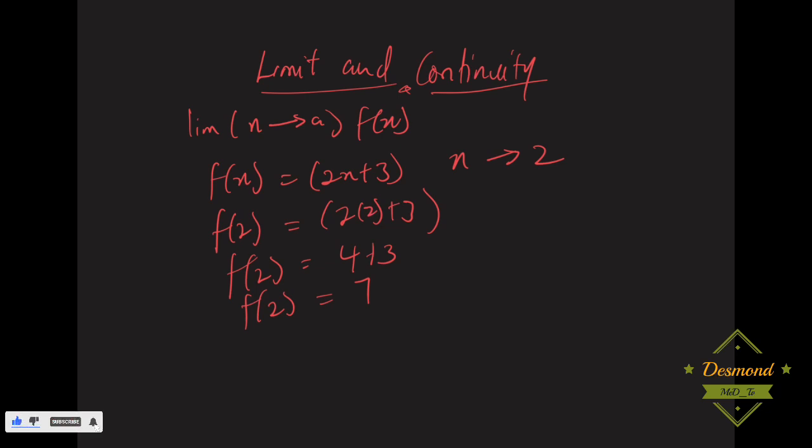Now, let's solve another one. We are going to find the limit as x approaches 3 for the function. Let me go to the next page. So f of x equal to x squared minus 1 as x approaches 3.